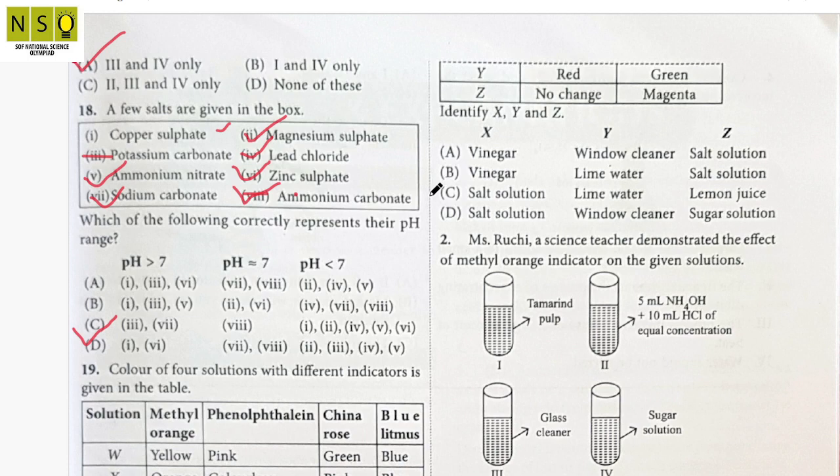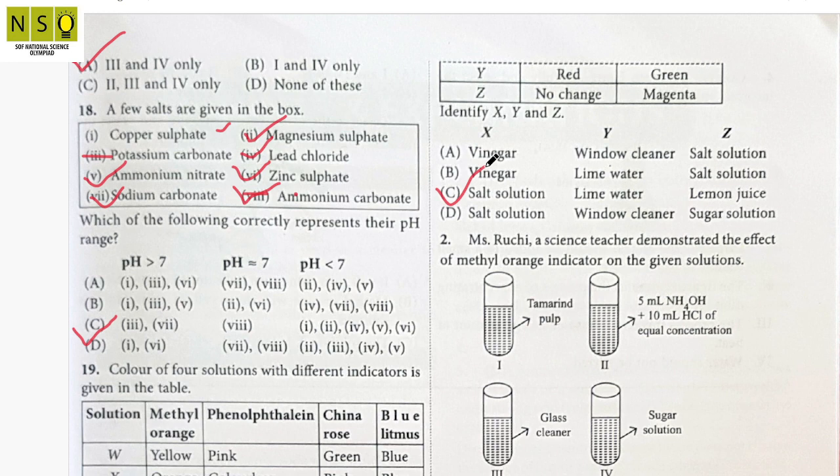On the other hand, China rose indicator becomes green on the addition of base and magenta on the addition of acid. When China rose is mixed with base and acid, it becomes green and magenta respectively. So what will X be? X is a salt solution.